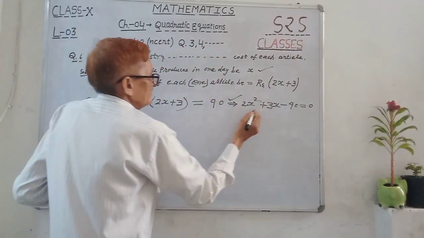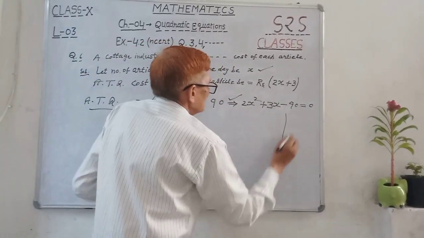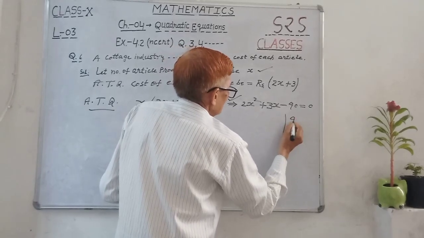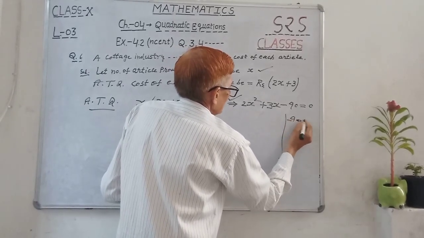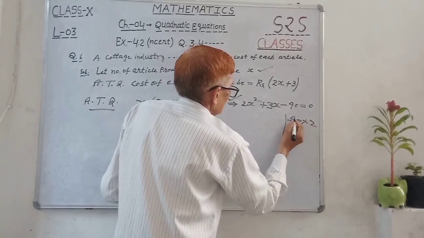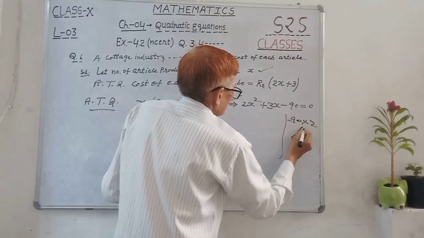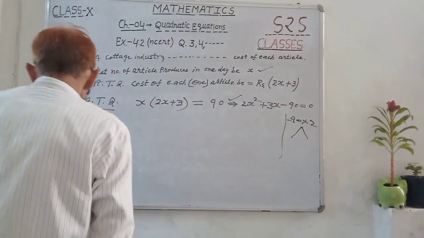Then split the middle term. 90 into 2, which is 180. So make two factors such that the sum is 3.